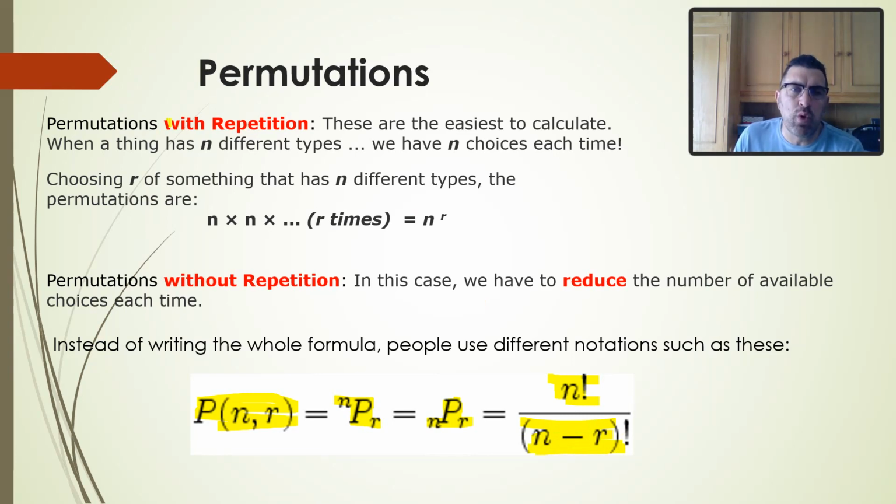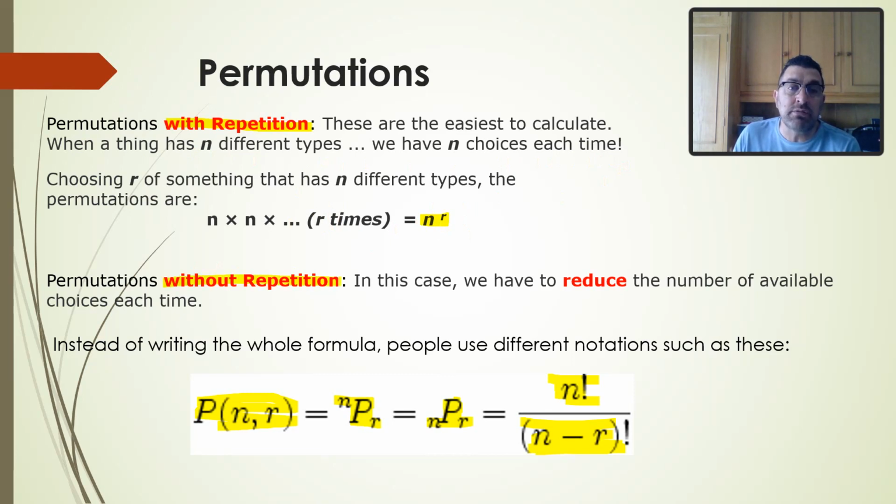Permutations with repetition is simply N to the R. These are the easiest to calculate. When a thing has N different types, we have N different choices every time. So if we have to choose R times, it's N times N times N, R times the choice. So N to the power R is simple exponential.